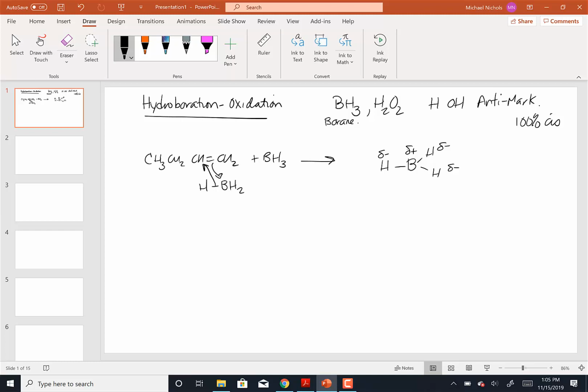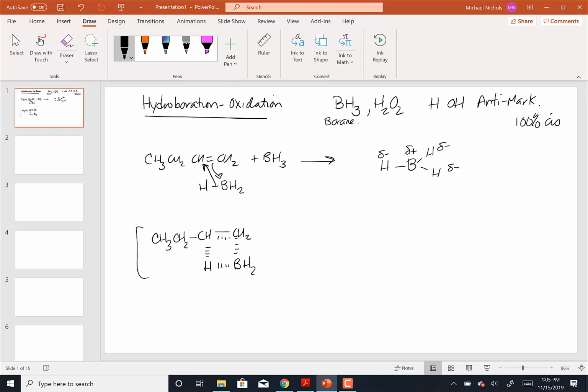So you're adding both atoms at the same time, breaking my boron-hydrogen bond. The transition state is going to look something like this: a partial bond to the hydrogen, that hydrogen partially bonded to the boron, partially bonded to the CH2 group, and the double bond partially breaking. So this is going to be a square transition state.